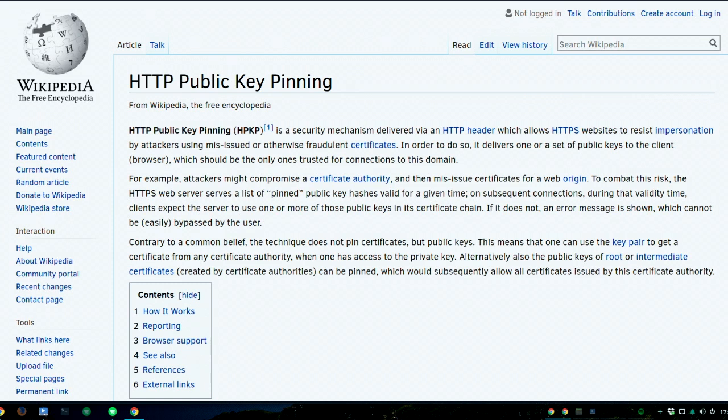I still don't precisely understand it, but basically there's a way to have a private key and a public key associated with your certificate, and it can say, okay, expect certificates for the foreseeable future, and you define that length of time, to be signed by these keys, and you can specify other keys that'll be coming along.